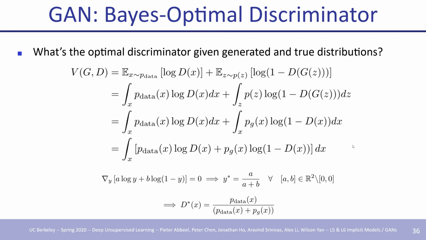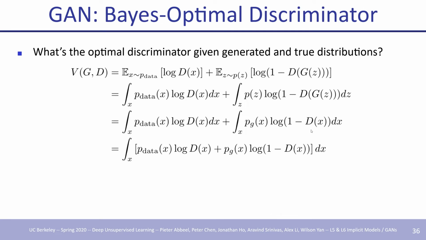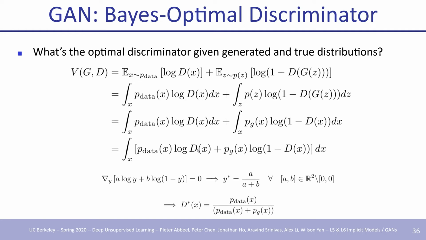What is the point of this? Let me go back. We want to find the optimal discriminator, so we want to find the optimal D. What we do is take the gradient of this and set it to 0 to find the optimal one.